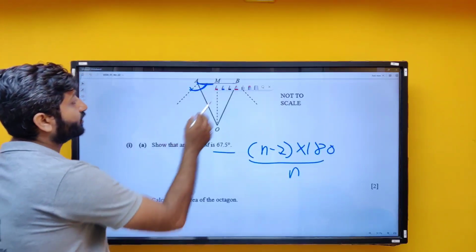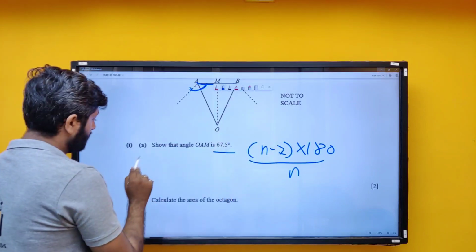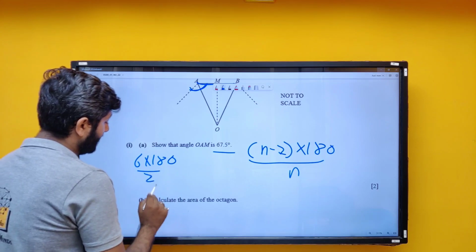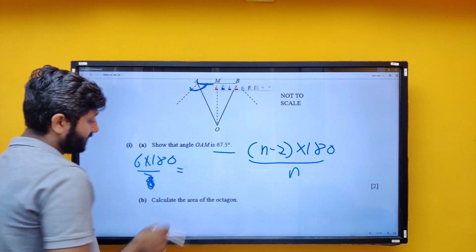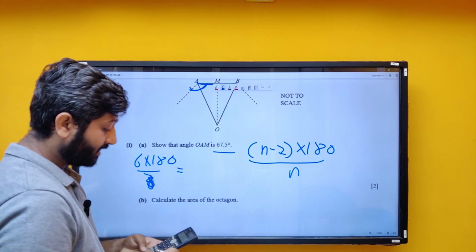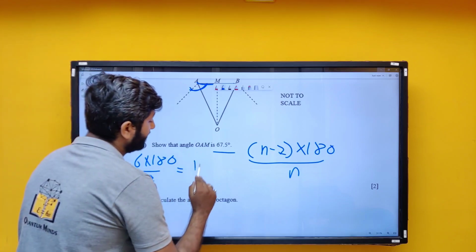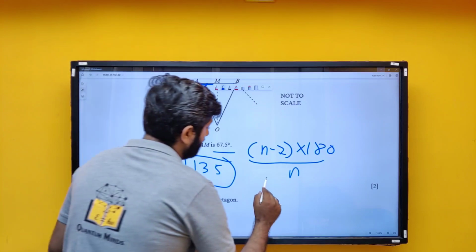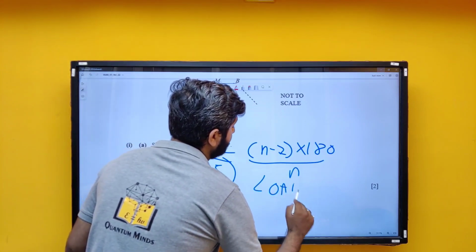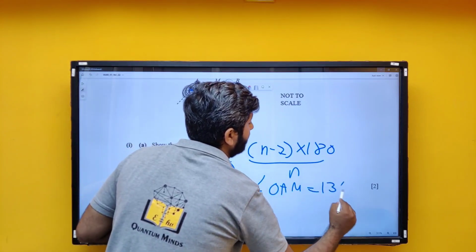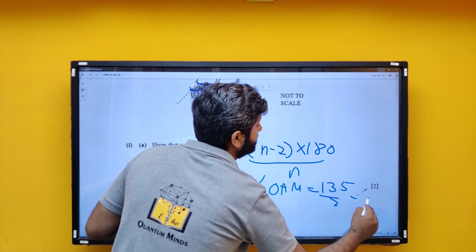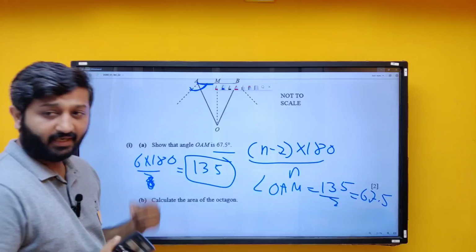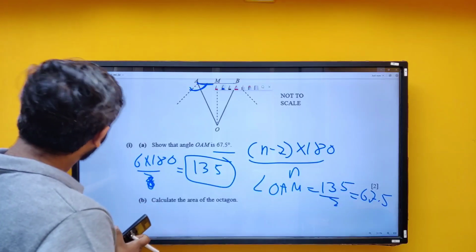So each angle in the octagon is 8 minus 2, 6 into 180 divided by 8. So 135 is each interior angle. Now angle OAM is half of 135, which is 67.5 degrees.